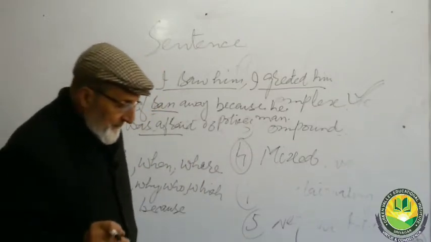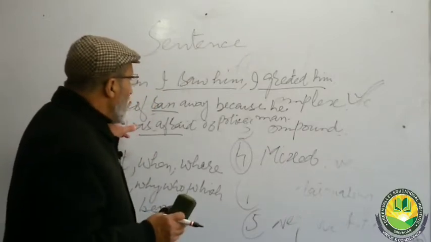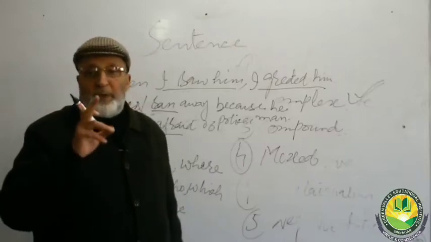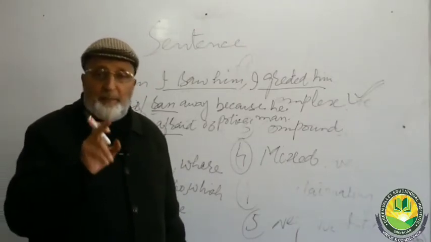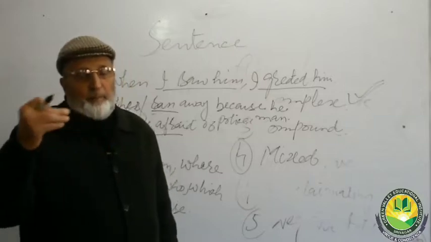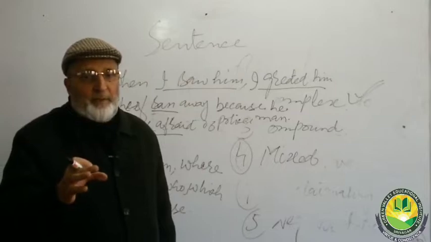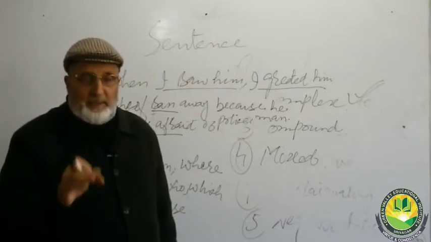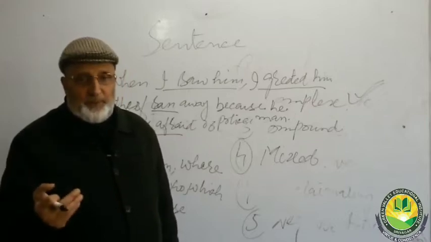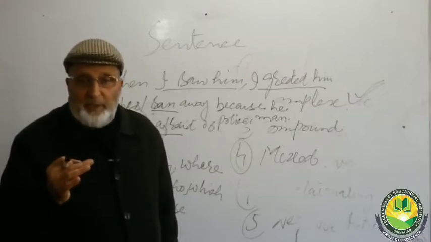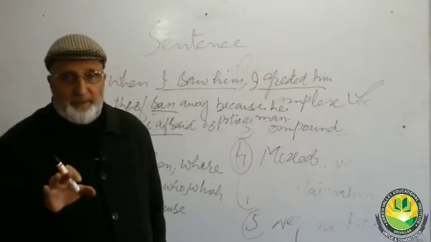Okay, then, again going to the complex sentence, it can have only one principal or independent clause and more than one subordinate clause. Subordinate clauses are the ones which begin with connectives, while a principal clause never takes up a connective.